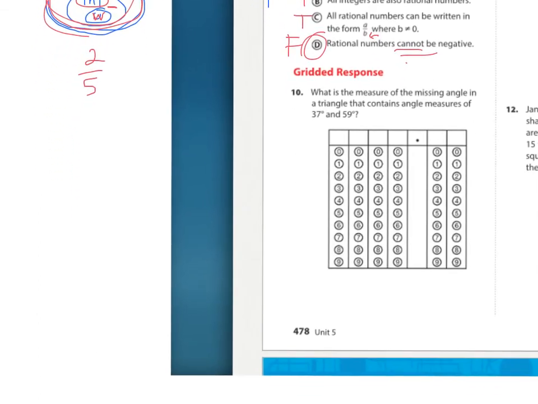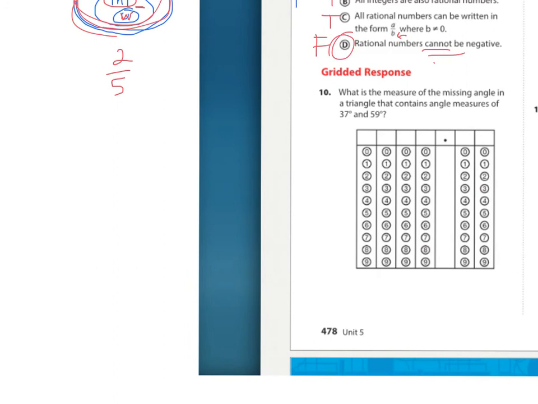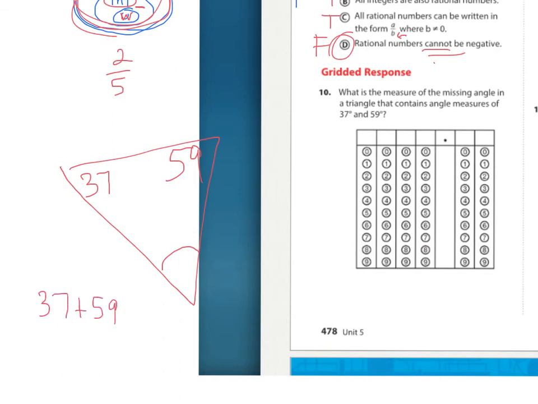Number 10, what is the measure of the missing angle of a triangle that contains angle measures of 37, 59? We're finding the missing one over here. Remember that they're all supposed to add up to what? 180.